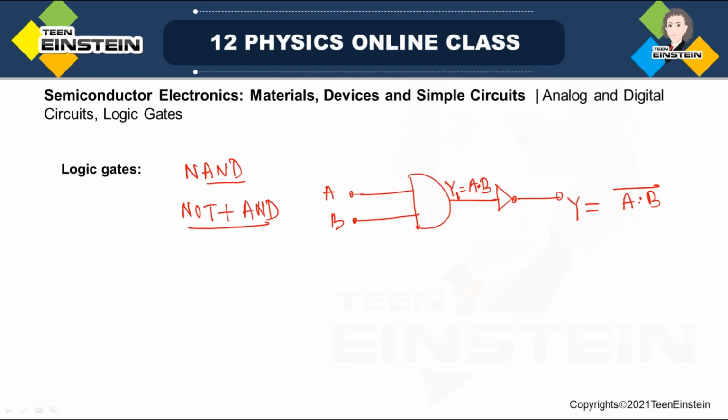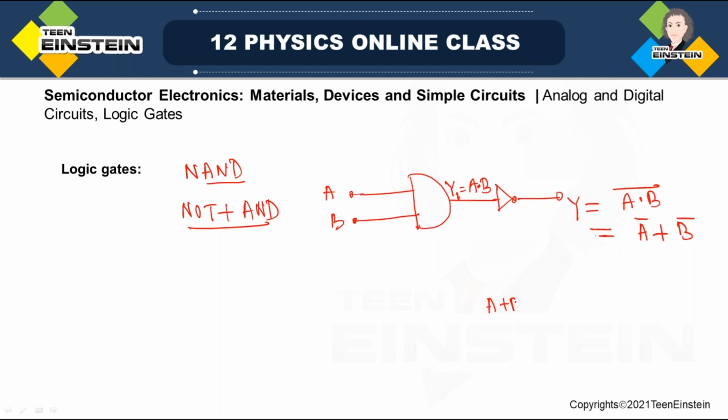And you can convert it to OR also. So this can be written as A bar or B bar. Okay, this can be written like this.